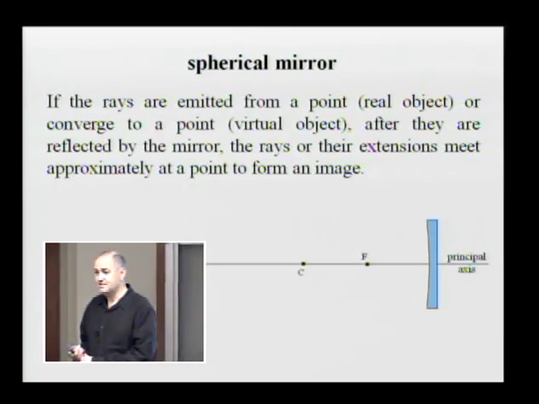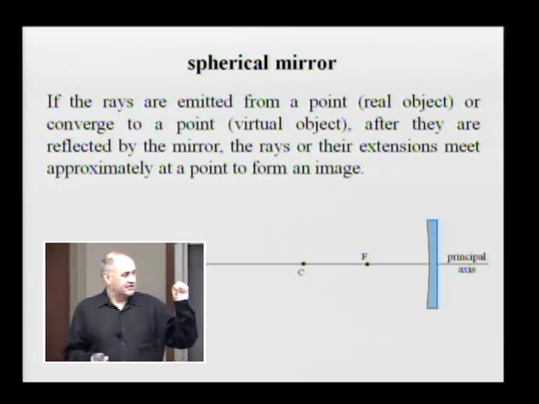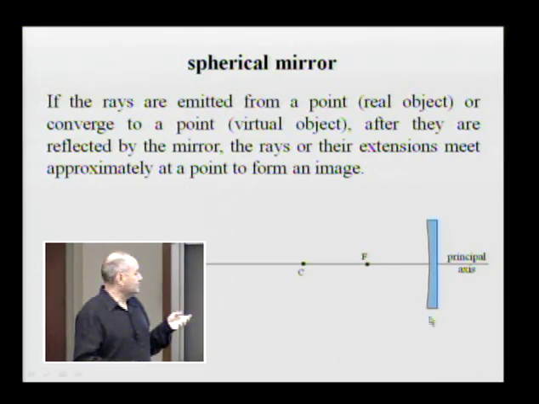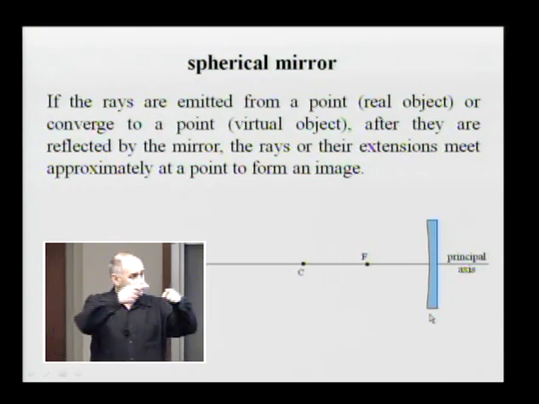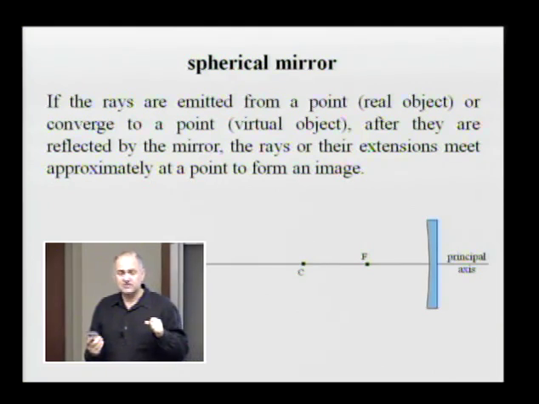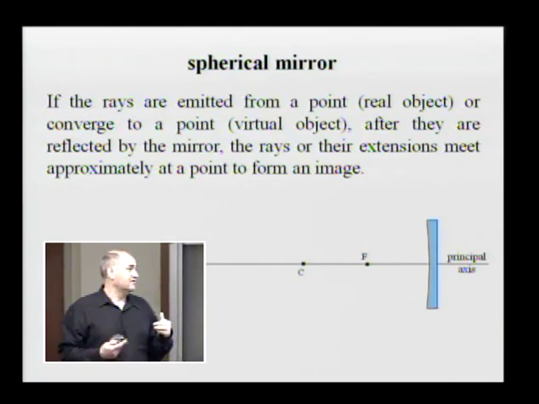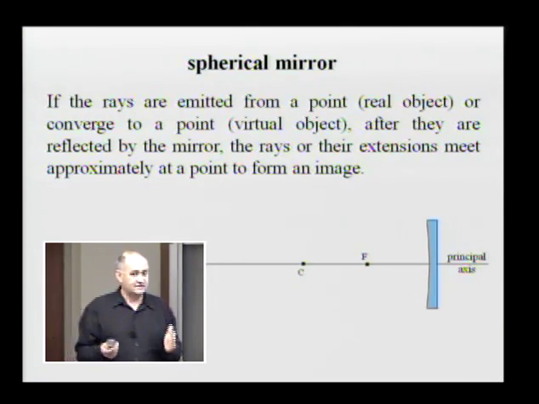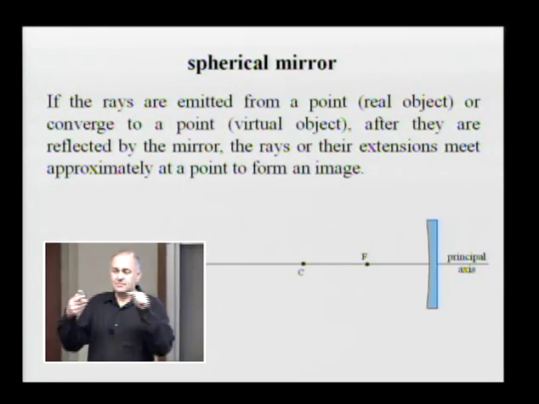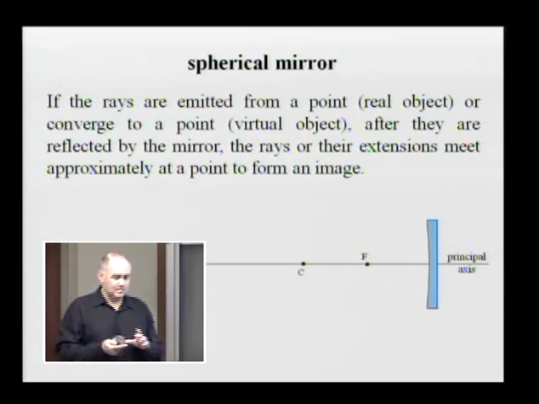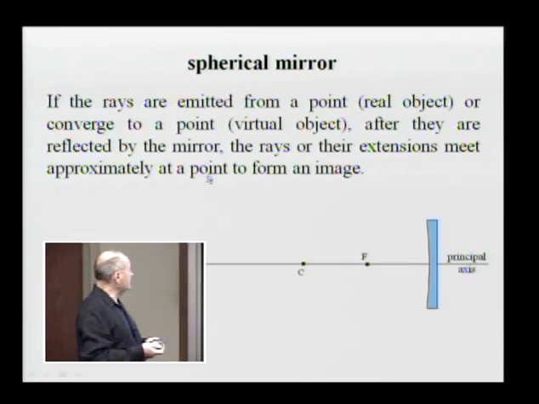A spherical mirror has such a property that if light is coming out from a point, which in this case would be a real object, or if light is converging to a point and we place a mirror before the light converges, in this case a virtual object, then after the reflection from the surface of the mirror, either the light rays or their extensions will meet approximately at a point, and that point is the image.